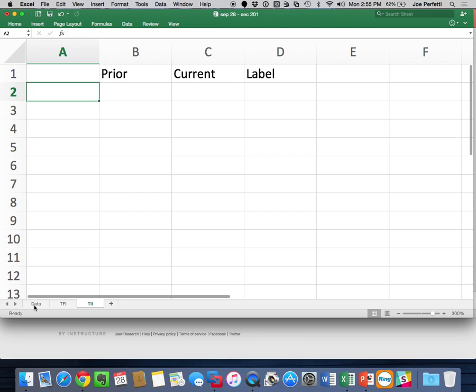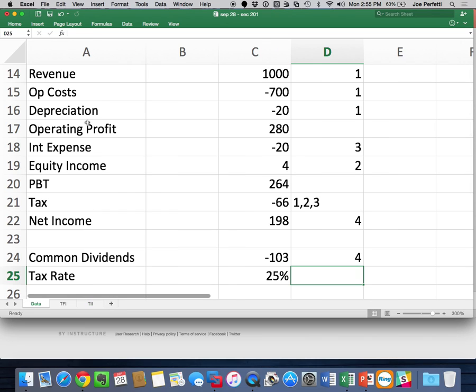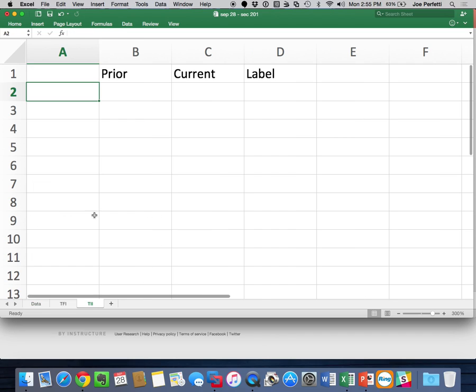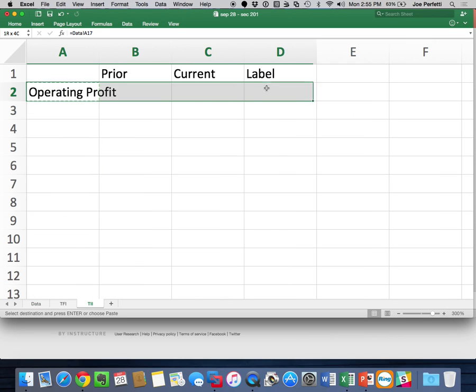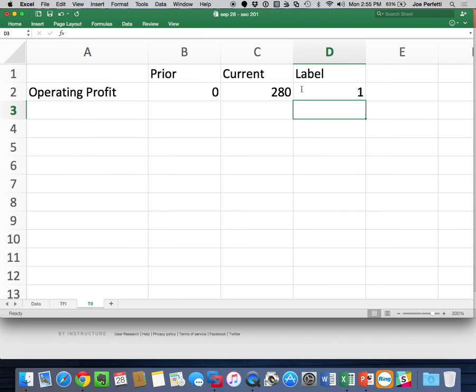If you look at the TII, NOPLAT is our operating profit after tax. And if I look at my operating profit, everything above operating profit is a 1. So rather than creating 3 line items, we'll just start with operating profit, which by definition is operating. Okay? So equals operating profit. And I'll call that my 1s.